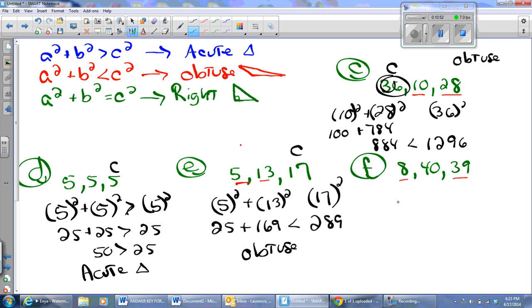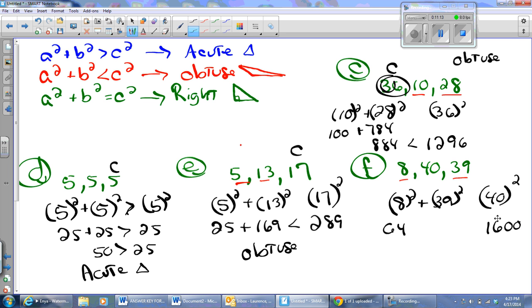All right, last one. I'm going to have 8 squared plus 39 squared. And I'm going to compare that to 40 squared. Well, that's going to be 64. I know this is going to be 1,600. That feels too big. Yeah, I think 40 squared is 1,600.